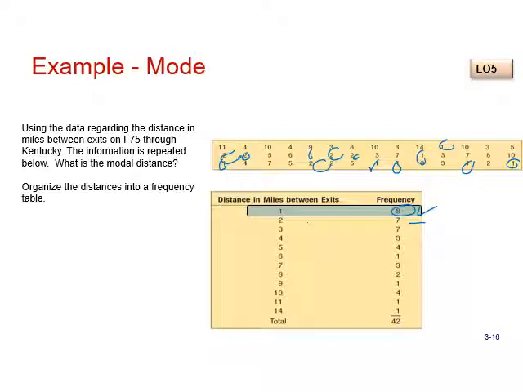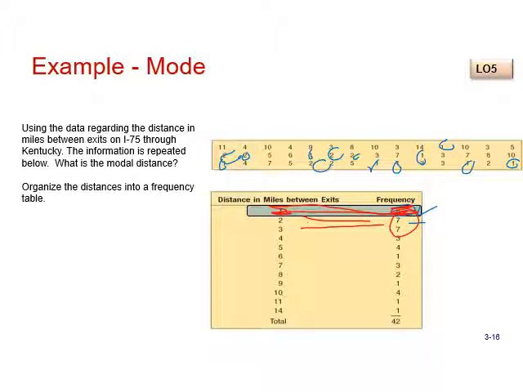This means that we may have more than one mode. We can have 2 modes. For example, let's imagine that 2 is repeated 7 times and 3 is repeated 7 times. This means the most frequent have 2 values.